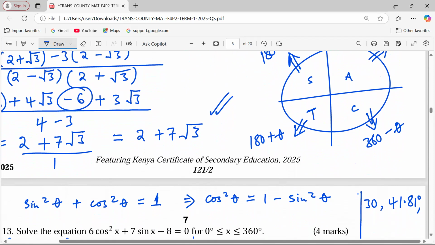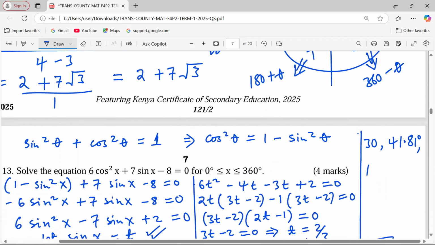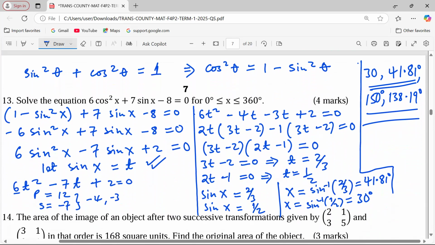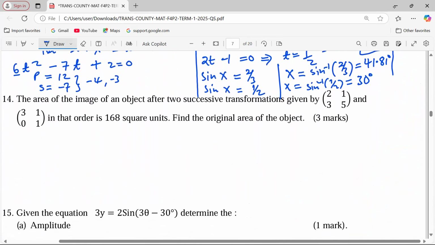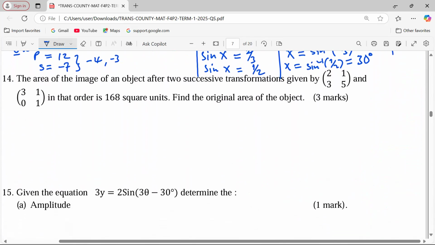When we subtract 30, we get 150. The other possible angle is 150 degrees. And when we subtract 41.81, we will get 138.19. So these are the four possible angles which satisfy the above equation within the provided range.